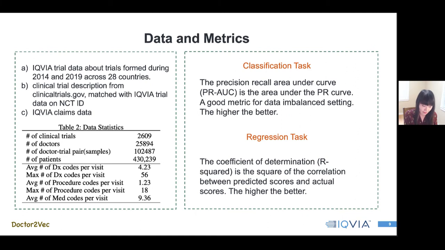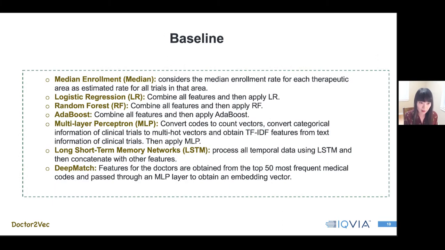We test them on trials formed between 2014 and 2019 across 28 countries. For the patient data, we also use the IQVIA claims data. We compare Dr2Vec with the following baseline approaches, including the median, which is used in practice.